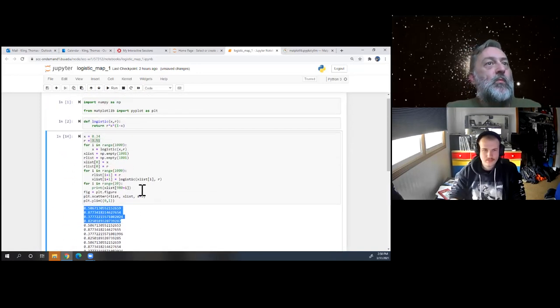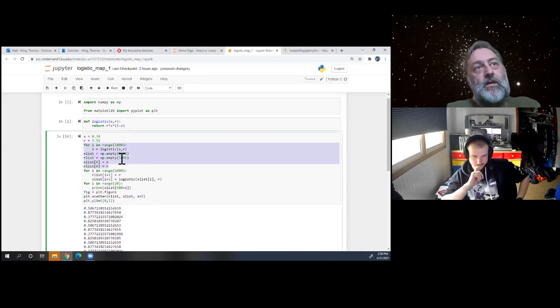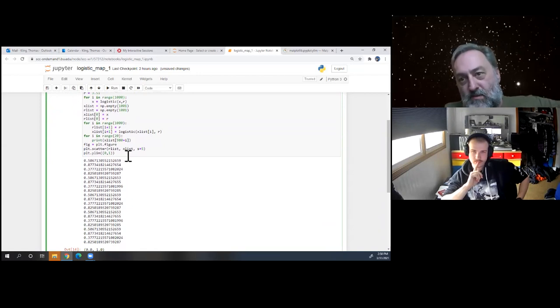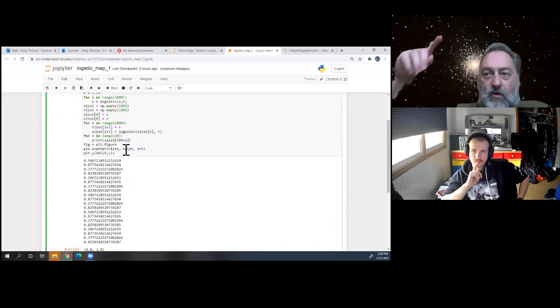Now, if I were to not do this full second set, see, what's happened is I'm starting at 0.34, running it 1,000 times, it runs onto those points, and then it lands on those points. So that 4 cycle is a stable 4 cycle, which means no matter where I start, after a while, I end up on those 4 points. That makes sense?